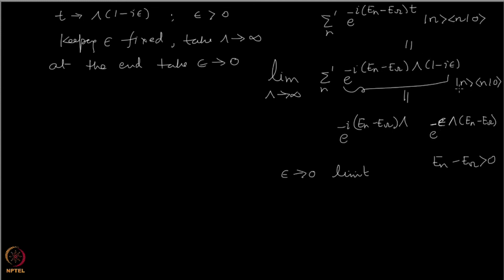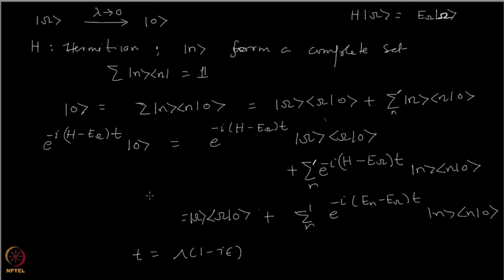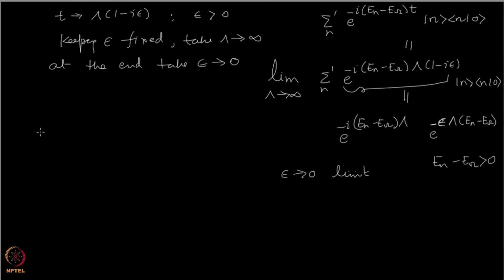So now I can take epsilon going to 0 without disturbing anything. Then I am left with only these two things: on the left you have this piece, on the right only this piece, and the other piece we have killed by this trick. Let me write it down. So we get then the following.